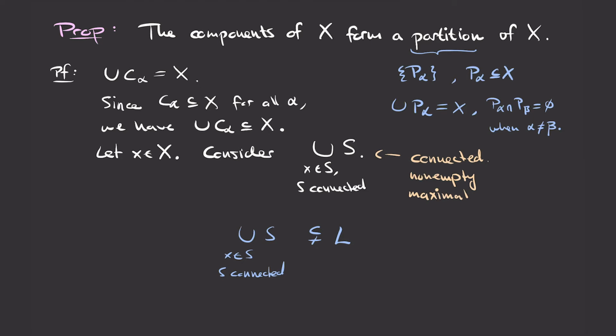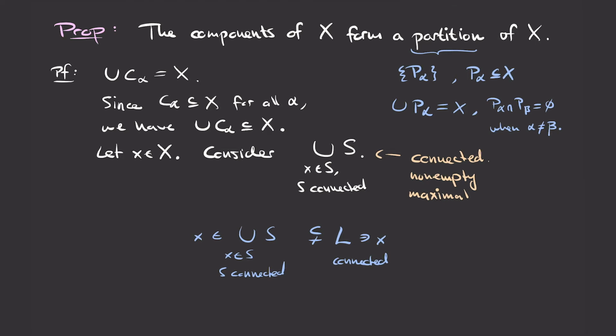Well, because X is an element of the union across all these S's, it means that X also lies in L. Therefore, this set L, which by assumption is connected, also contains X, and therefore this L here is actually one of the subsets S's we're unioning over in this union, since it satisfies both of these conditions. Hence, L is actually contained in this union, meaning that L is a subset of this union, and this contradicts the fact that we've assumed that the union is strictly contained in L.